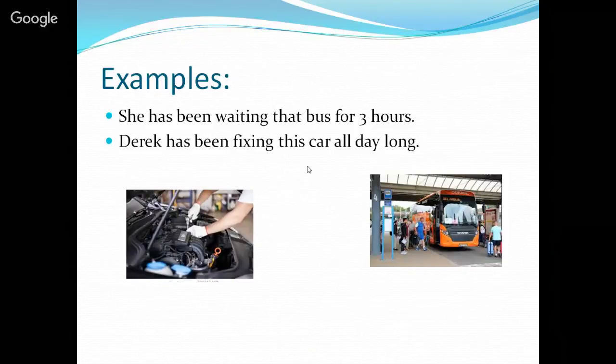I refer to a person who has been waiting for the bus, but I'm focused mainly on how long she has waited for that bus. The next one, Derek has been fixing this car all day long. In this example, I know that Derek has been fixing his car, but the main thing that I want to know is how long he has been fixing the car.